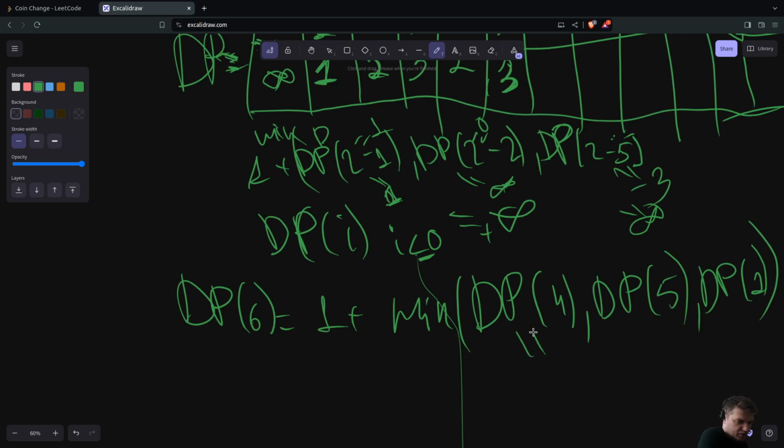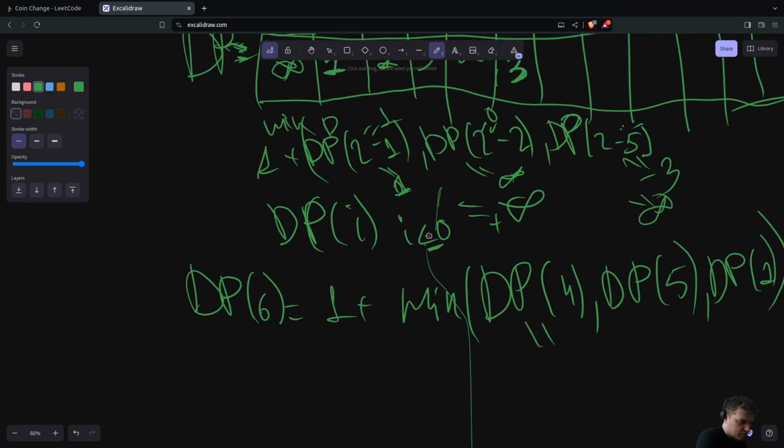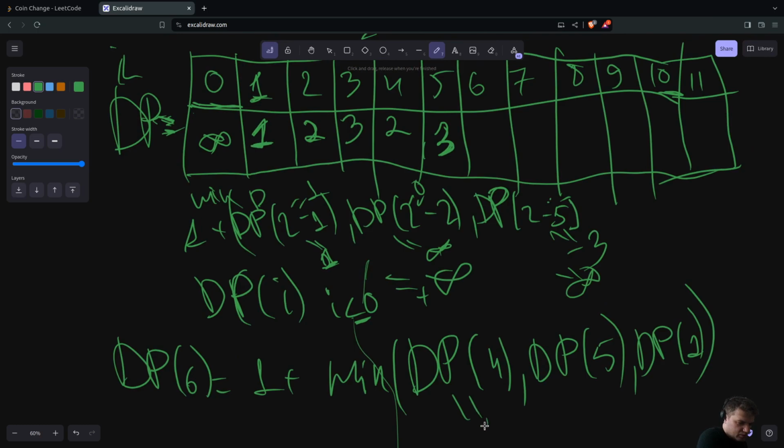So dp of 4 is equal to 2, this one is equal to 3, this one is equal to 1. So the minimum is going to be 2. And so on and so forth. I can go up to 7, and that's basically the idea for this solution.